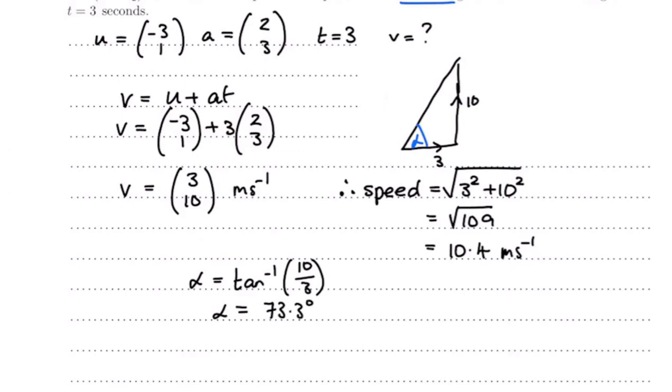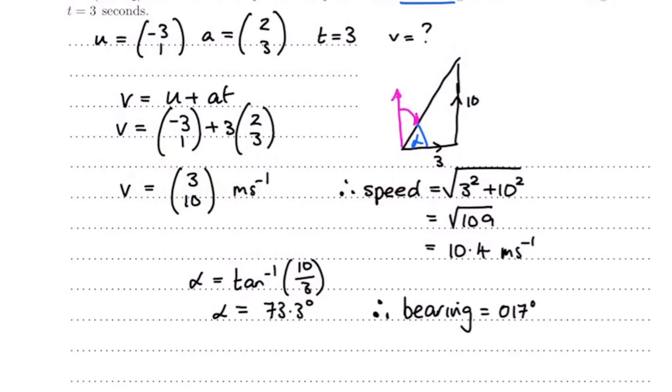Now don't forget a bearing, and I'll write it on this diagram in red, is taken from north clockwise. So to calculate that, I would do 90 minus 73.3, and then remember it is a 3-figure bearing, so it's 017. Hopefully you're happy with that one.